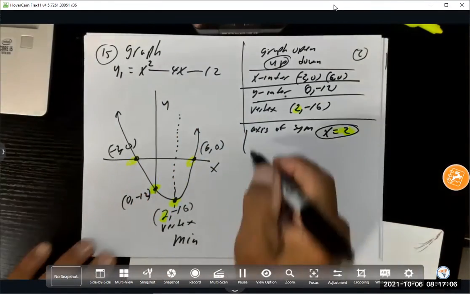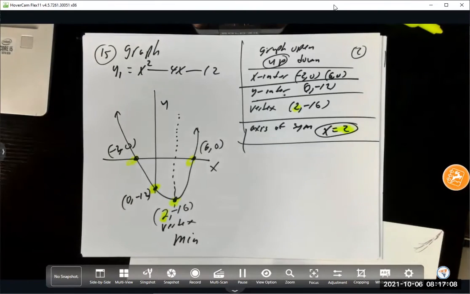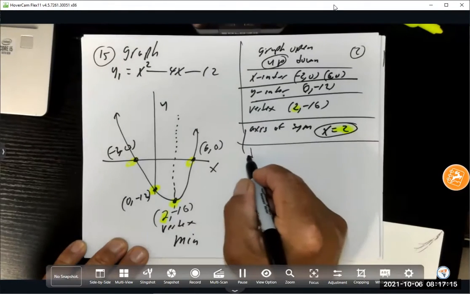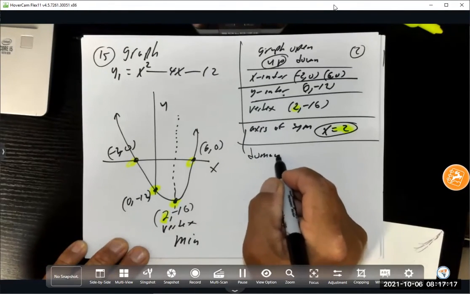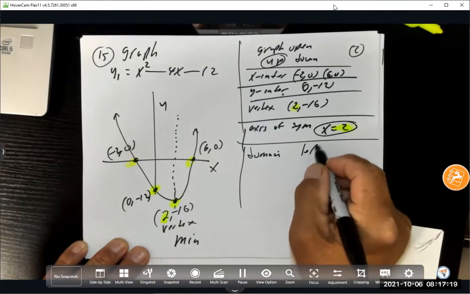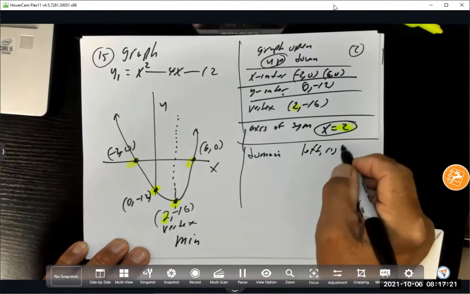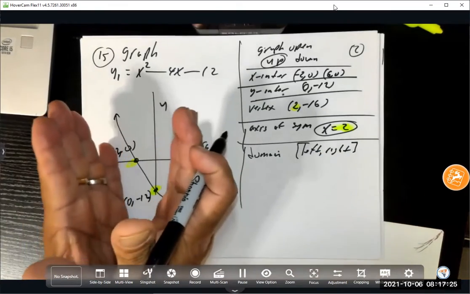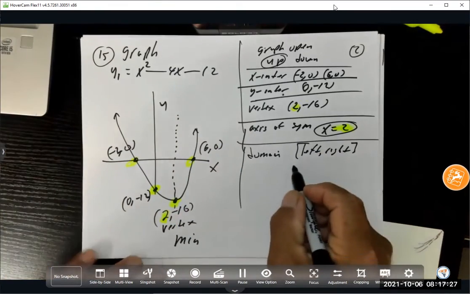All right. Other questions going to ask you. What else do they want? Domain and the range. So domain of this thing, that just means left and right. How far to the left and how far to the right is the graph? This graph goes wider, wider, never stops.